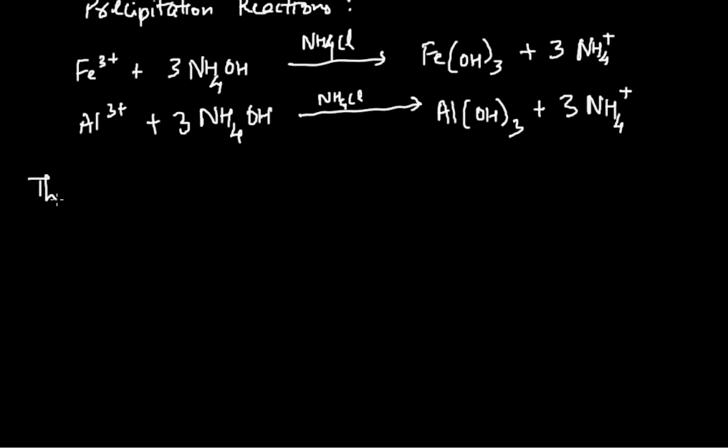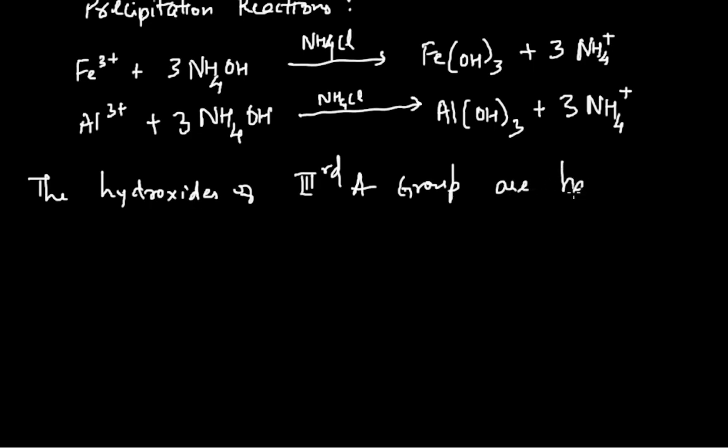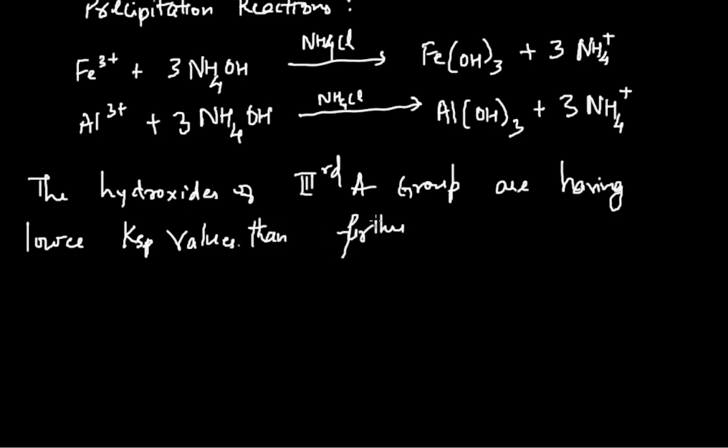So the hydroxides of 3A group are having lower KSP values than further group cations.